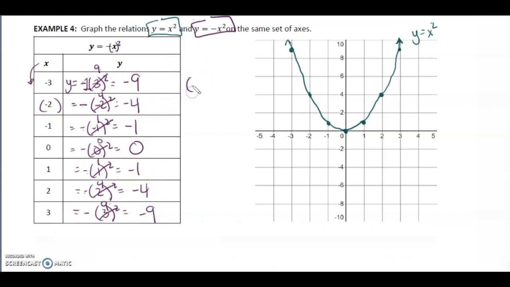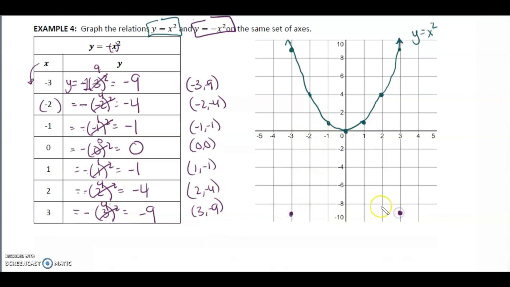So if you need to see the coordinates, you have -3, -9, -2, -4, -1, -1, 0, 0, 1, -1, 2, -4, and 3, -9. So -3, -9 is here, and then 3, -9 is here.